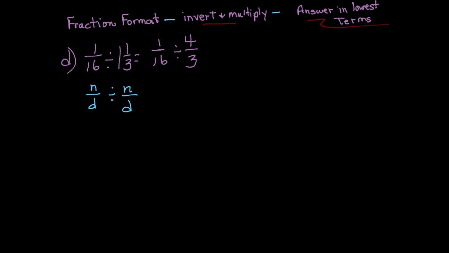We are now ready to go to the next step, which is here. I'll do green. We are ready to invert and multiply. And so to invert and multiply, the one that we're going to be inverting, I'll do it in red, is this one. So here we go. 1/16.